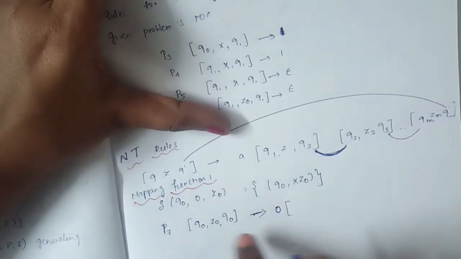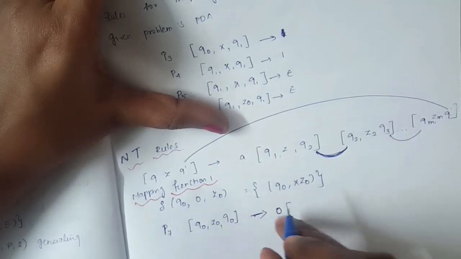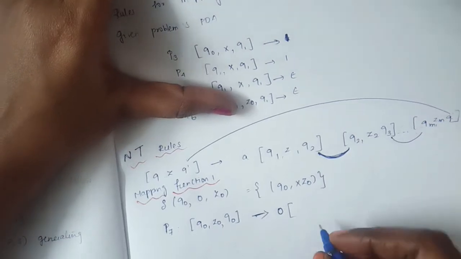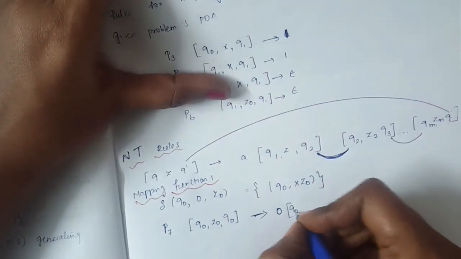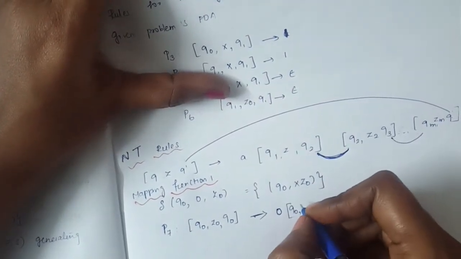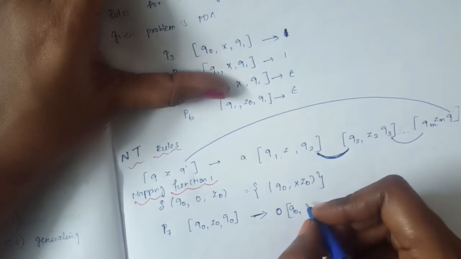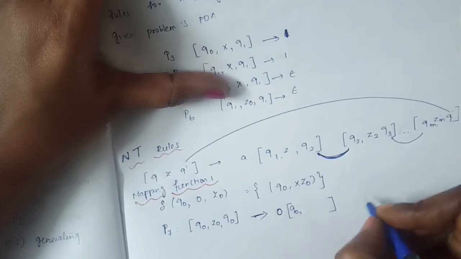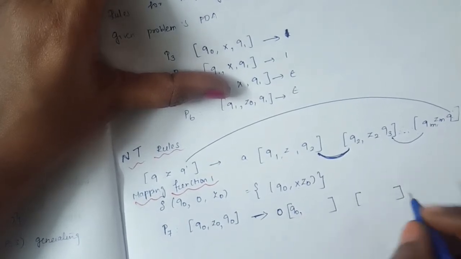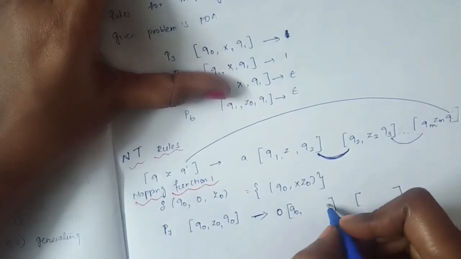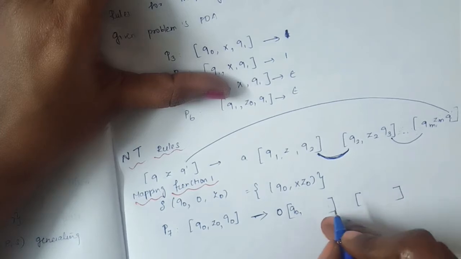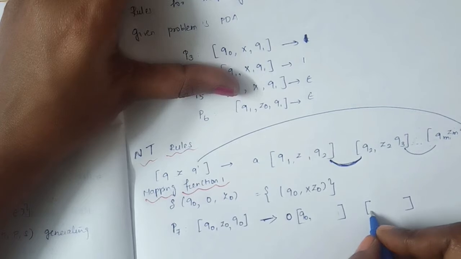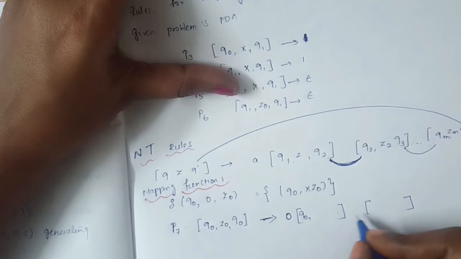And when we see this, keep the first two terms the same. So Q0, and we'll have xz, and we'll have this combination. What we have here will be transferred to this triple's first term.